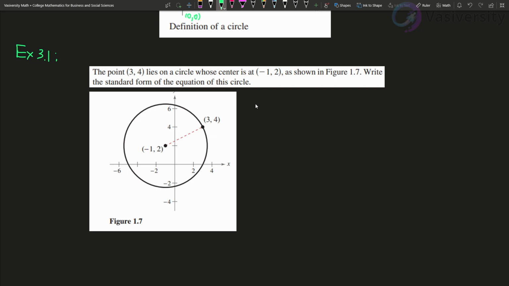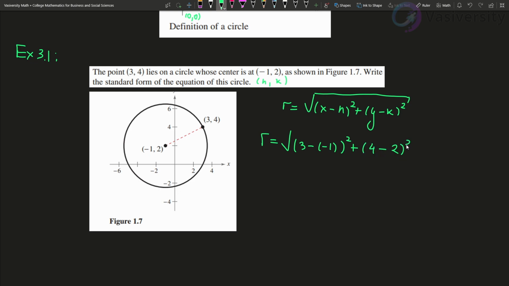So what we want to do is, well, we want to remember that if we solve for r, it is going to be square root of x minus h squared plus y minus k squared, right? And so we are given our h comma k and our other point, which lies on the circle. So we're going to have that r is equal to square root of 3 minus -1 squared plus 4 minus 2 squared.